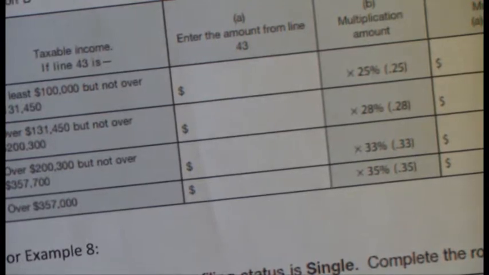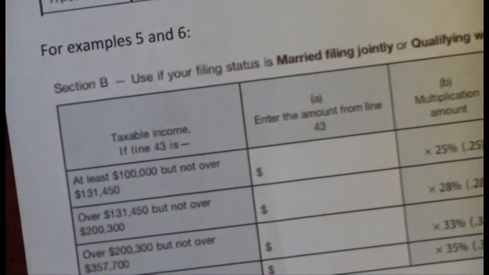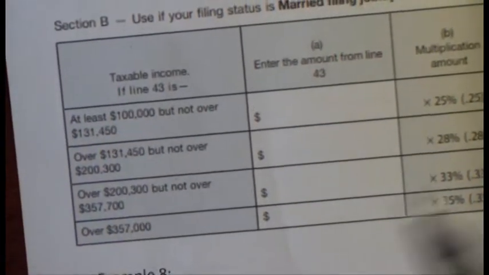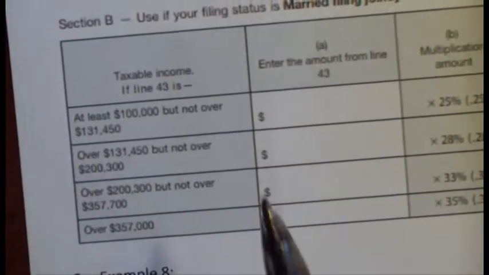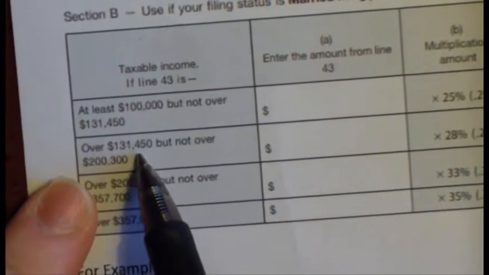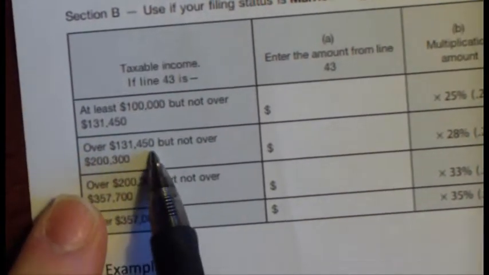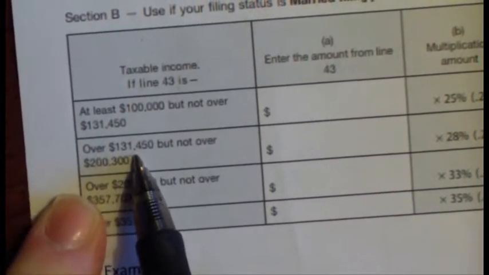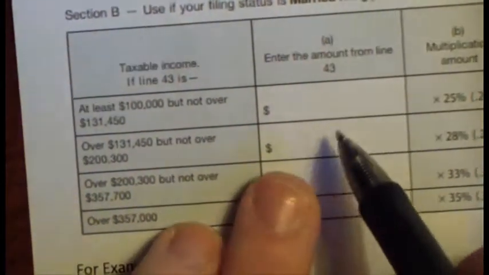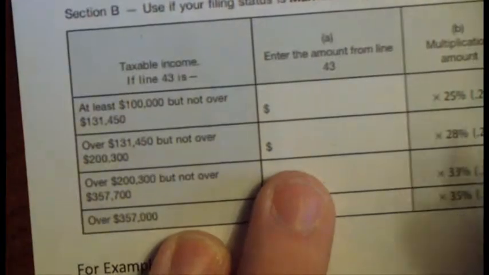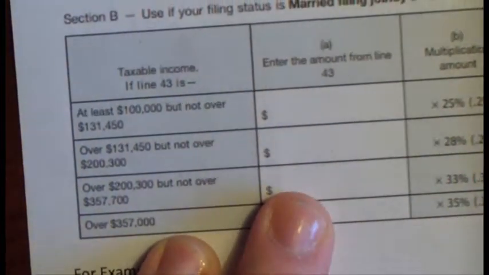Again, we've got intervals over here, and we need to figure out which of our intervals that falls under. 153,000 is going to be in this row right here because it's over 131,000 but less than 200,000. All right, so the amount from line 43, that's your taxable income, and that's on line 43 in the tax form.